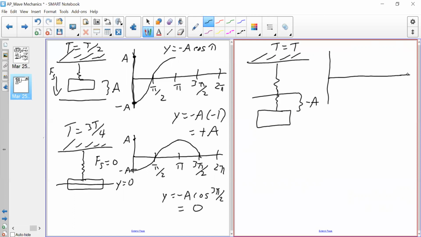We're looking at the motion of this guy. Forces are going to be considered for a particular reason, but there's no net force at 0. All right, so this is minus A. We got that point here.